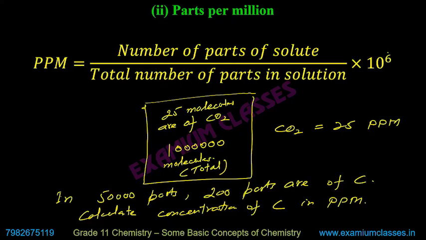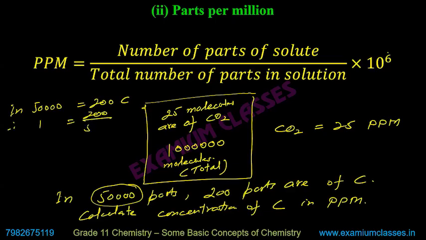So you already know the relationship. In 50,000 total, you have 200 carbon parts. So in one, it will be 200 divided by 50,000. Hence, in 1 million, 10 to the power 6, it will be 200 divided by 50,000 into 1 million.